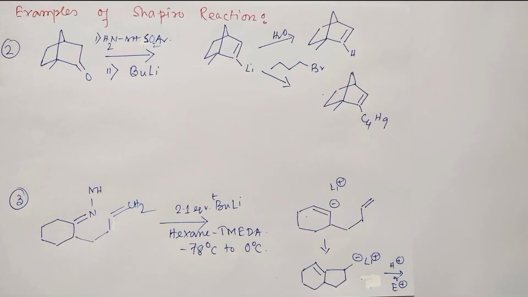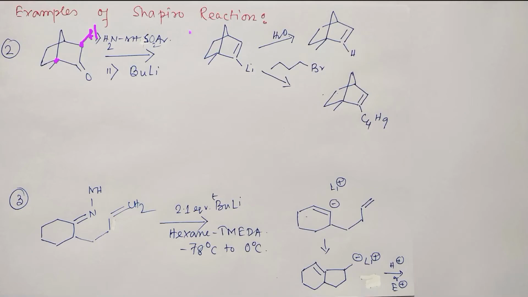Second, in this case, I am not going to explain, just remember proton abstraction will happen from the less substituted side. Okay, so there are two sides, this and this, and interestingly in this molecule hydrogen is available only here. This is a bridgehead position and no hydrogen is there, and remember that alkene C=C double bond formation at the bridgehead position is very difficult because it is associated with a huge amount of ring strain.